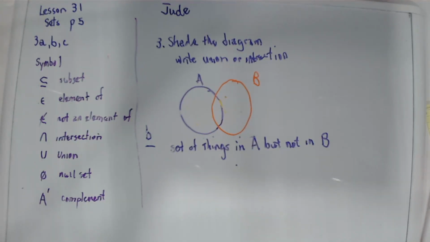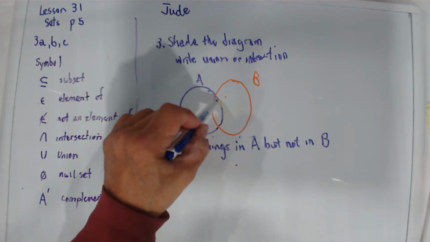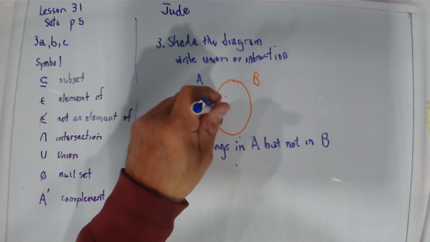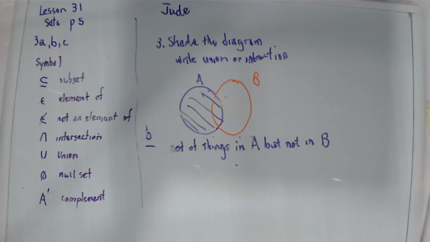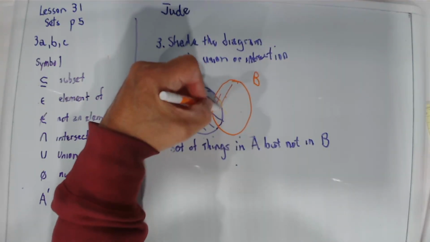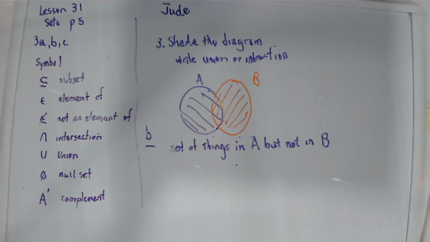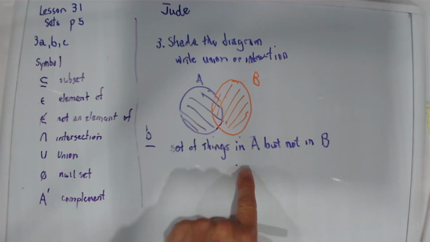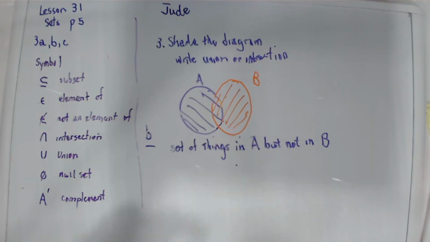Okay, so what they want is the set of things in A. Well, the set of things in A is all of this here. This is all of A, and this is all of B. So what they want to know is the things in A but not in B. So we don't want anything with B in it.